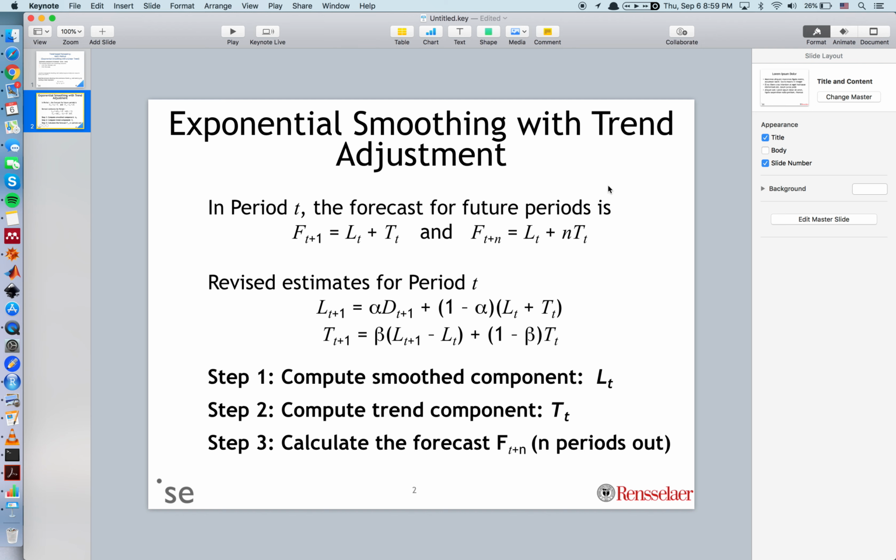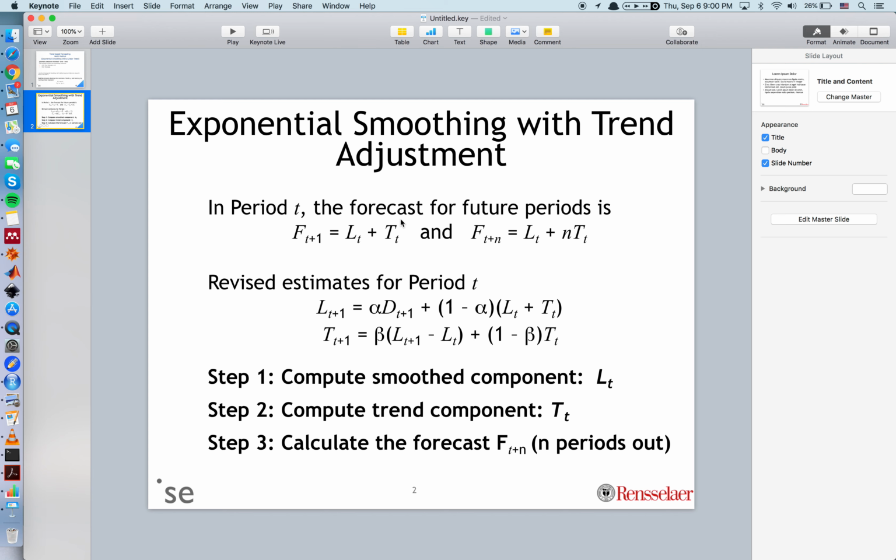So imagine here is a graph, and here is our current estimate of the level, and if we estimate that the trend is some value T, then it makes sense to estimate that in the next period of time, we are going to go from L to L plus T. So that's why the forecast into the immediate period of time is going to be just the sum of the estimates of the current level and the current trend.